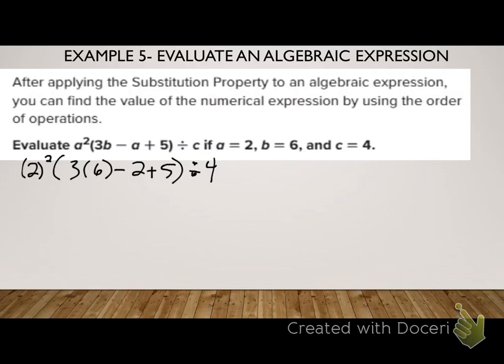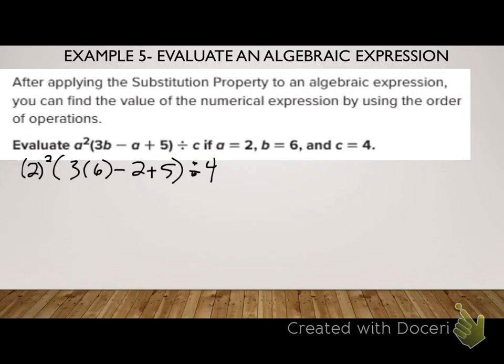So, like it's saying up here, after I substitute those values in, now all I have to do is use my order of operations to evaluate it. So, what's the first thing I need to do on order of operations? Yeah, so that's inside my grouping symbols, right? So I'm doing everything inside these grouping symbols first and foremost.